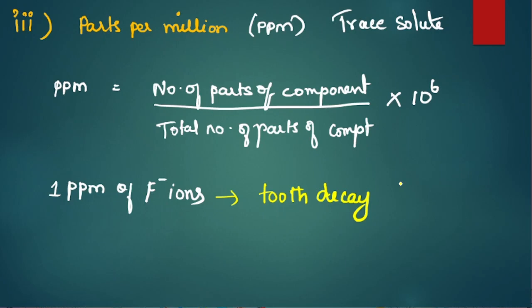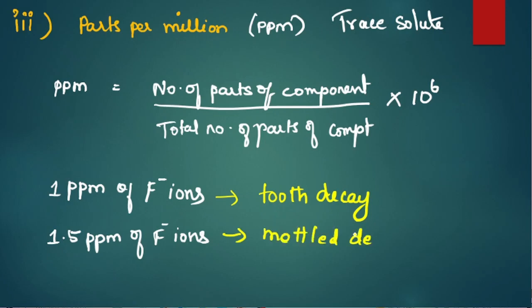But if you are taking 1.5 ppm, just increasing by 0.5, 1.5 ppm of fluoride ions is going to cause mottled teeth. That means teeth damage will be created, and 1.5 ppm of fluoride ions also acts as rat poison.